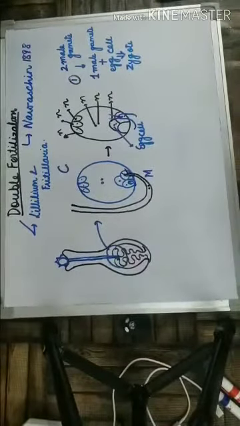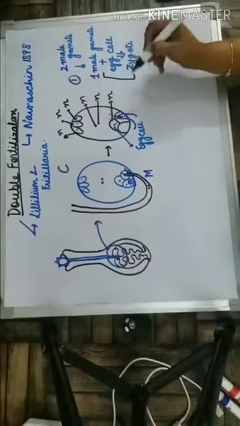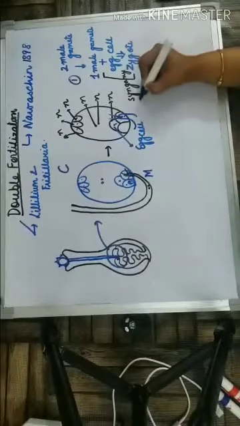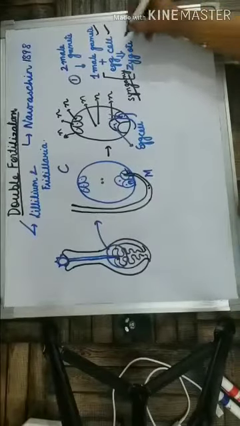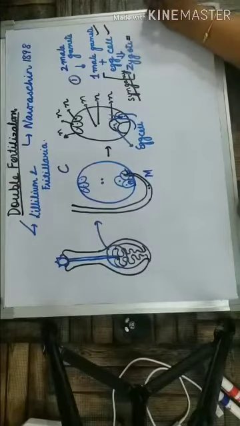This process is called syngamy. What is happening? Syngamy. That means two gametes are uniting. Got it? This forms a zygote. The first thing we have got is the zygote.